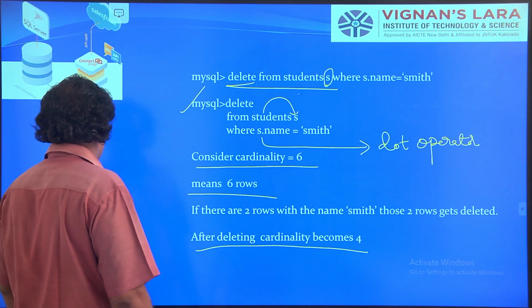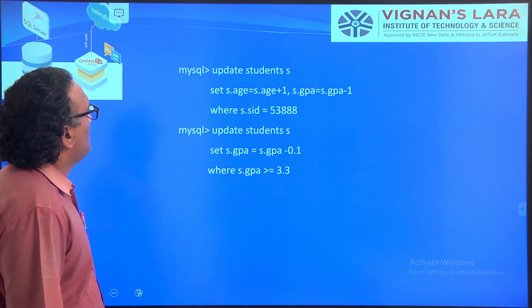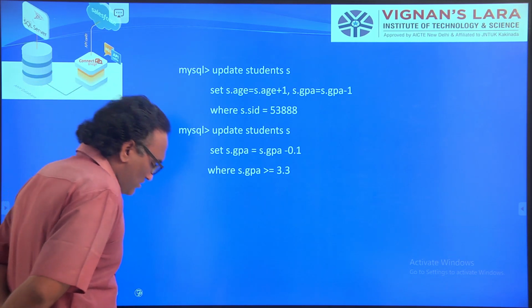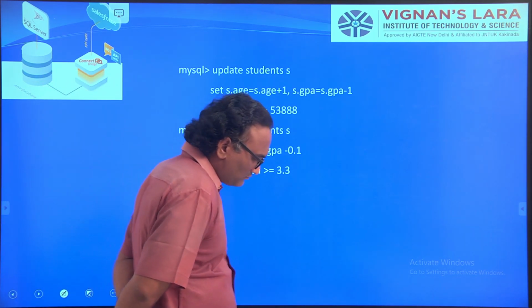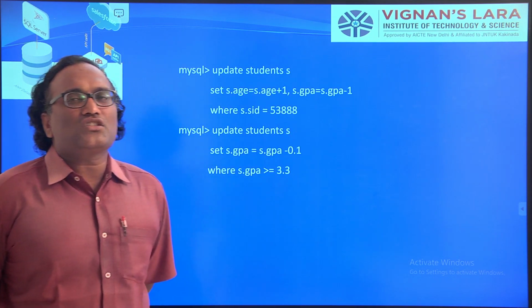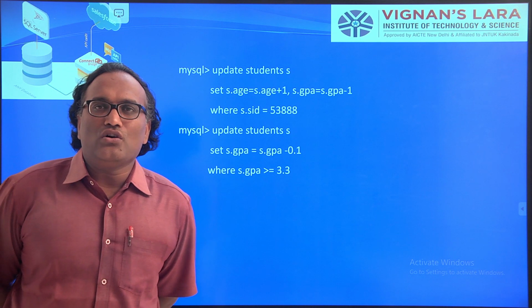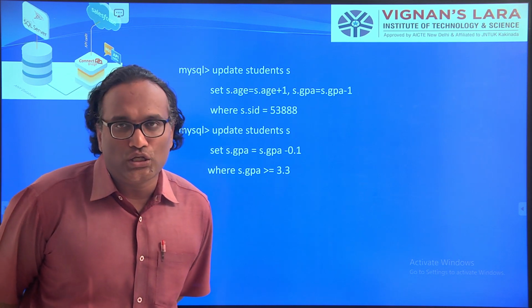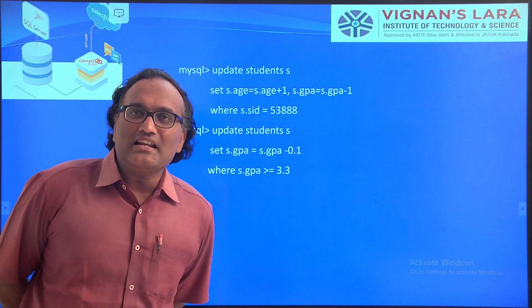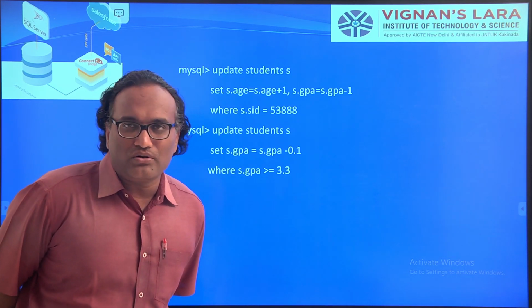Now, next. Look at this. For what we discussed so far, we saw how to insert a single row or multiple rows, and how to delete a single row or multiple rows.